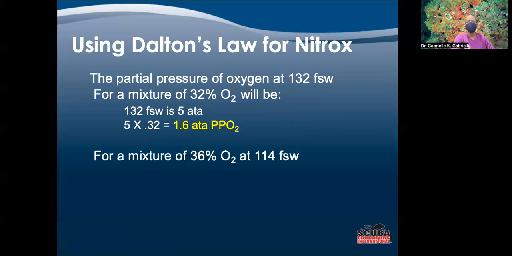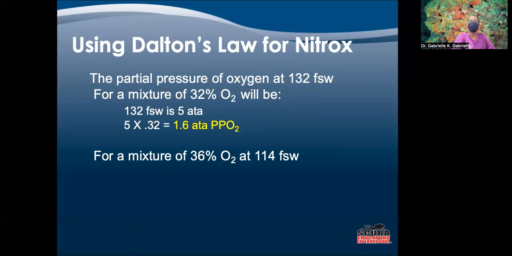Now, for a mixture of 36% at 114 feet of salt water, what would we do? We first have to figure out the ATA. How do we figure out the ATA? What do we divide 114 by? It's atmospheres in feet.